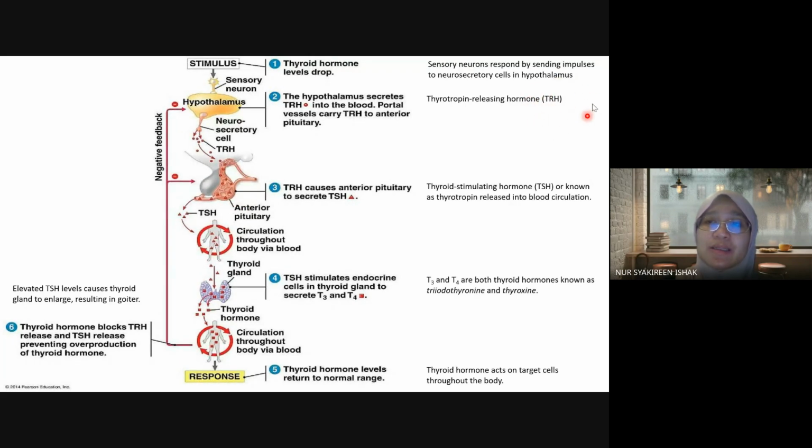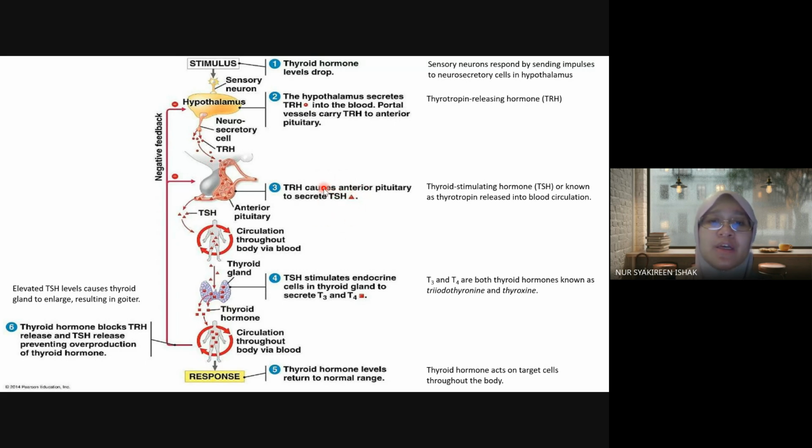TRH is a tropin hormone, causes the anterior pituitary to also release a tropin hormone, this time TSH, thyroid stimulating hormone. So thyrotropin releasing hormone causes anterior pituitary to release thyroid stimulating hormone.